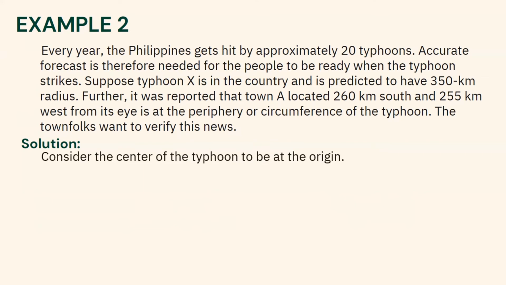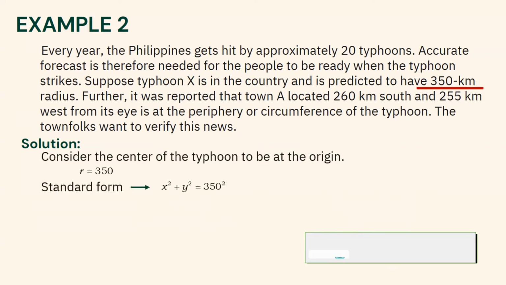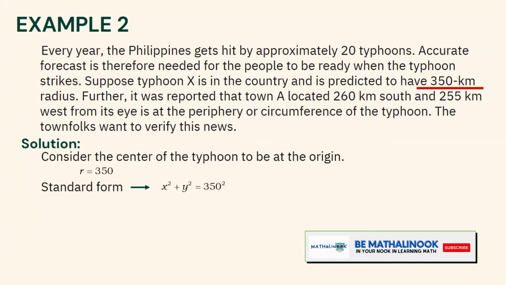Consider the center of the typhoon to be at the origin. Since it was given that the radius of the typhoon is 350 kilometers, then the equation of the circle that may represent the typhoon will be x squared plus y squared equals 350 squared.